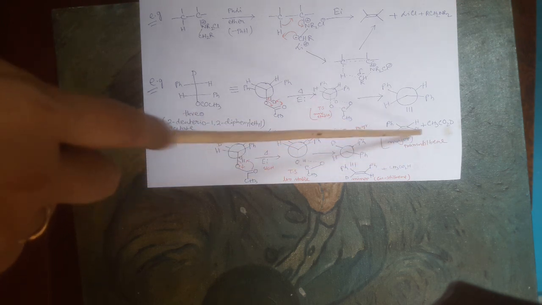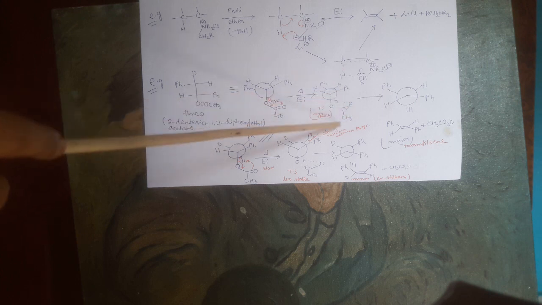This is an eclipsed conformation. In this conformation, the acetate group and deuterium are present in the syn position. After Ei elimination, this type of trans-stilbene is formed. This trans-stilbene is the major product.